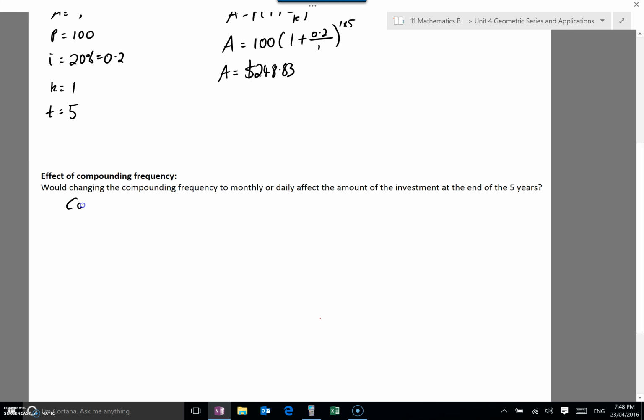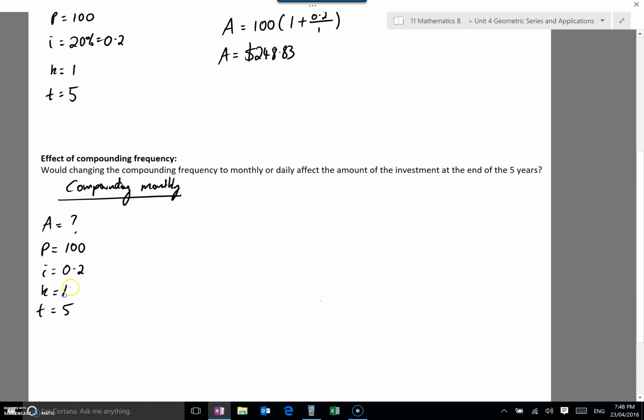So if I changed it to compounding monthly, I'm going to list the variables here exactly the same. Everything will be the same except the k value, how frequently I'm compounding the interest, how frequently I'm adding it on and reinvesting it. Since it's monthly, k will be 12.